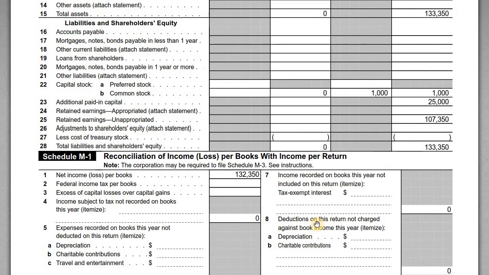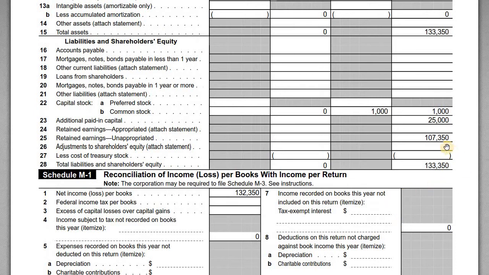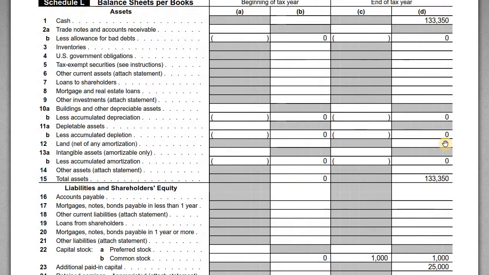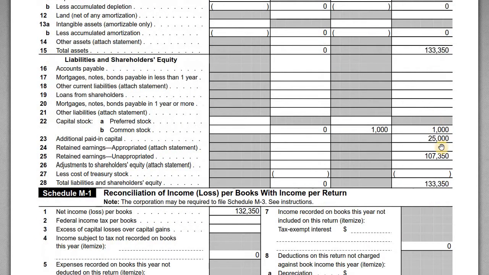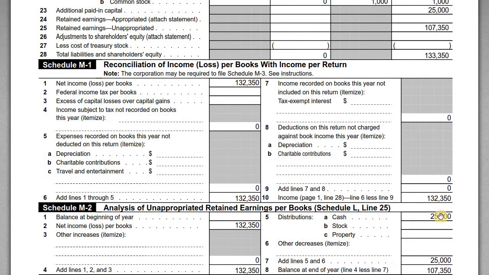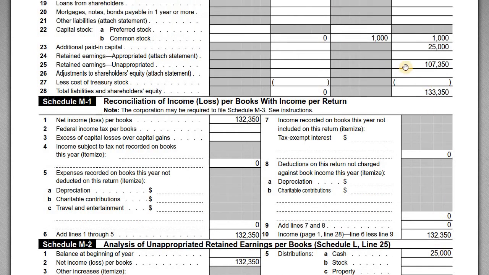That's really, really important. So normally the retained earnings is only reduced if you actually distribute out cash dividends. Remember, we're not actually distributing the dividend, so the cash account here isn't going to be constructively reduced, right? That remains the same. We're just having a deemed distribution of cash for $25K, so that reduces the retained earnings unappropriated to 107.